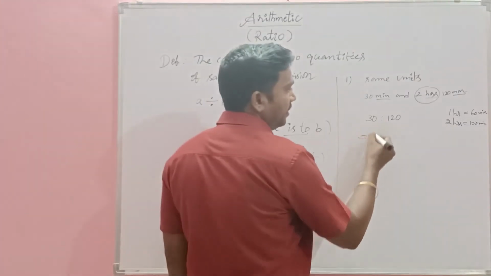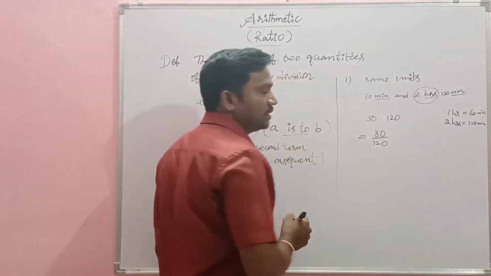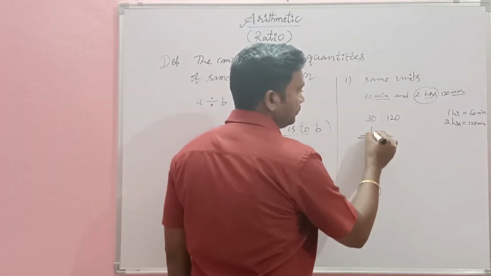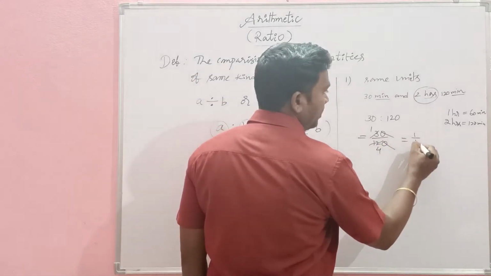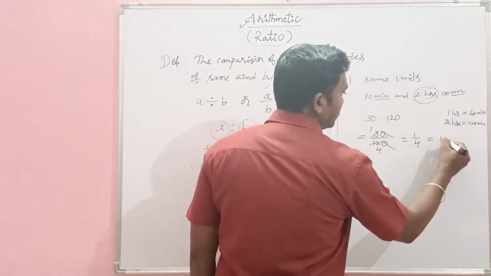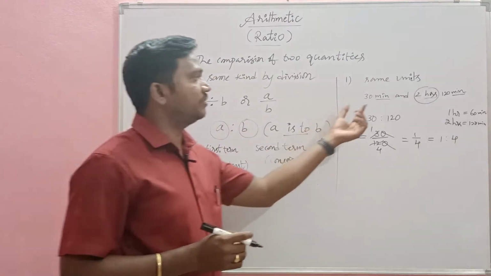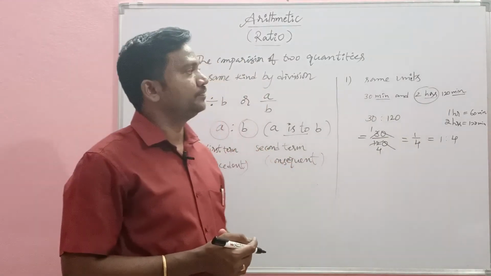Then we can find the ratio 30 is to 120. It means 30 by 120. 3 ones are 3, 3 fours are 12, which is equal to 1 by 4. It means it is 1 is to 4. So the ratio of 30 minutes and 2 hours is 1 is to 4.